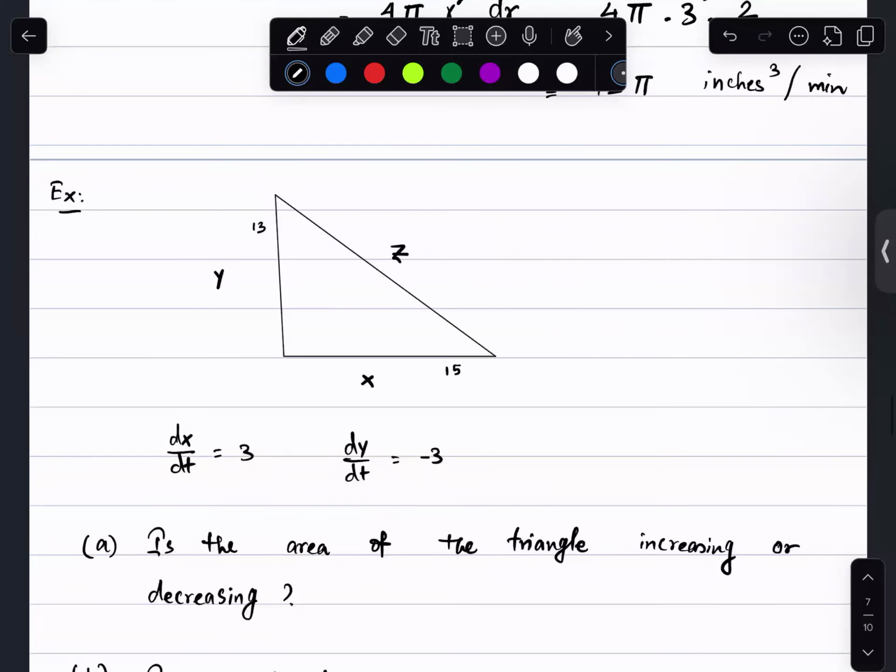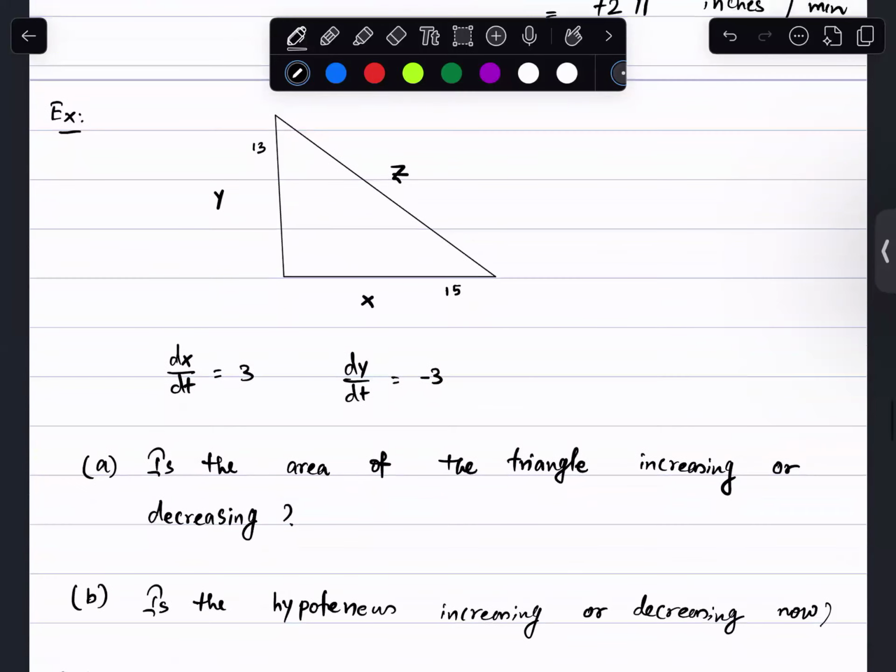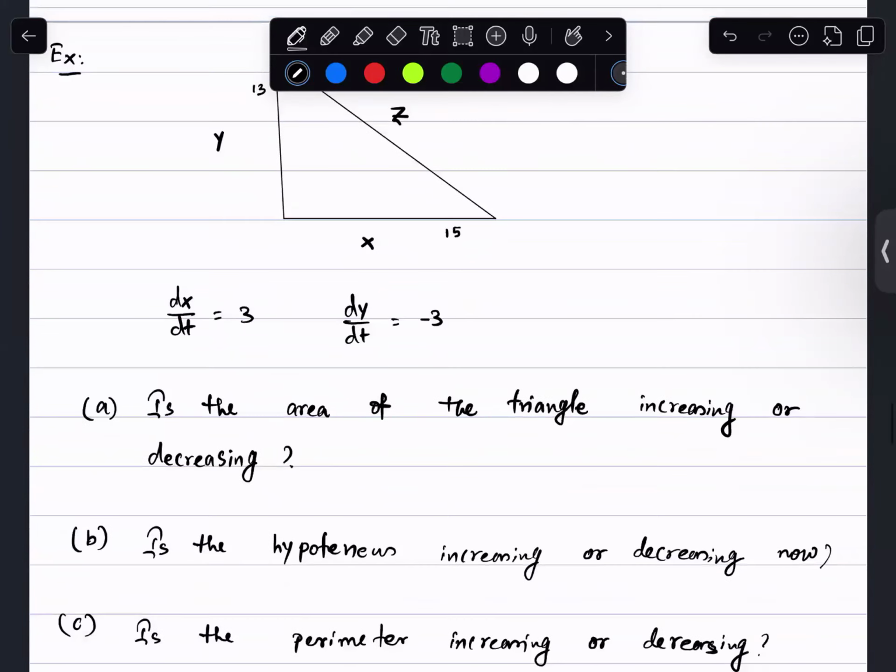Okay. For the next exercise, I have a triangle where the sides are given as x, y, and z. At the instant, x is 15 units, y is 13 units, and dx/dt is given as 3, and dy/dt is given as -3.